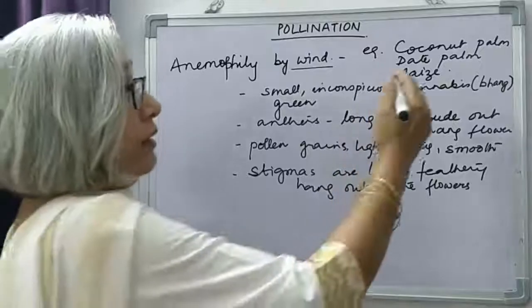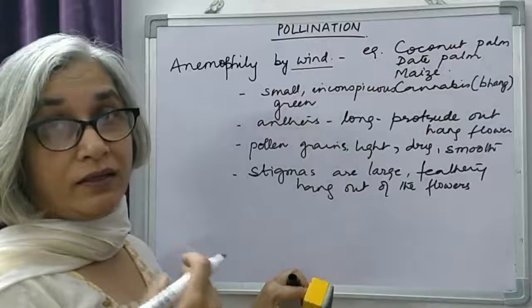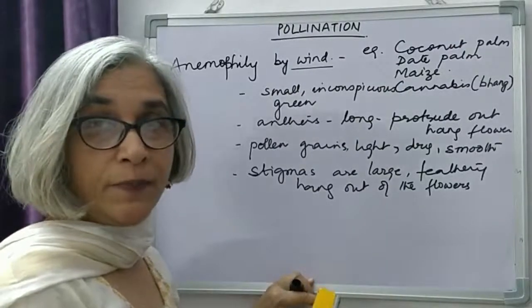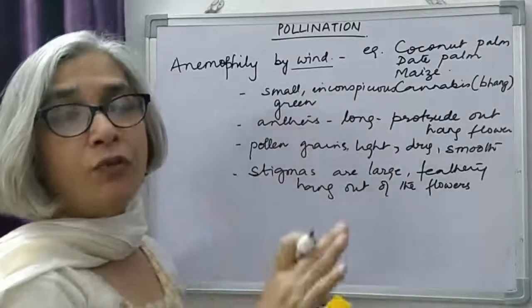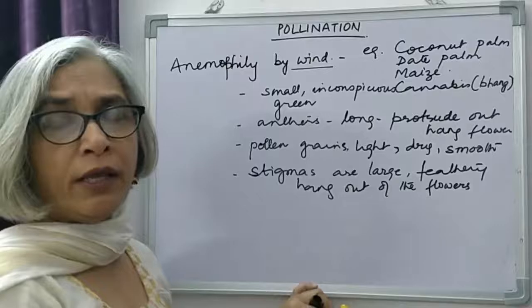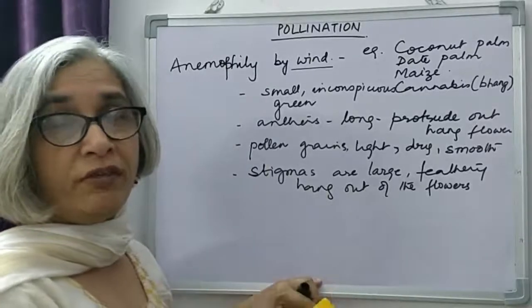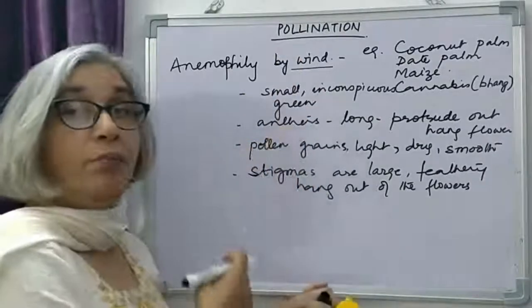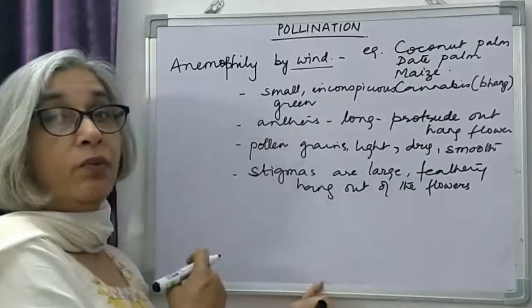Now, when these plants are about to pollinate or are pollinating, the air is full with pollen, and pollen can be carried to thousands of kilometers away from where they are being produced. So these are some of the very important characteristics in flowers that are pollinated by wind.